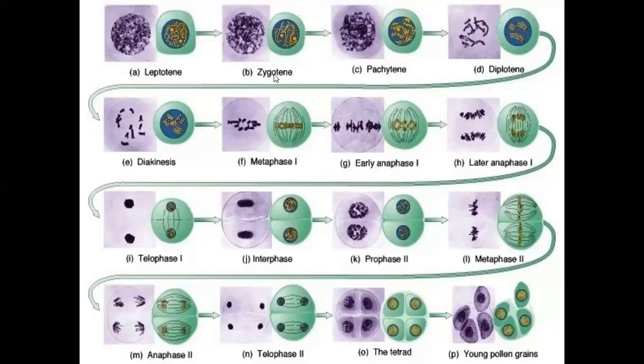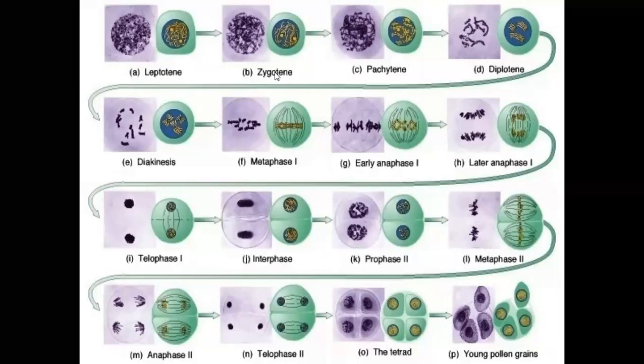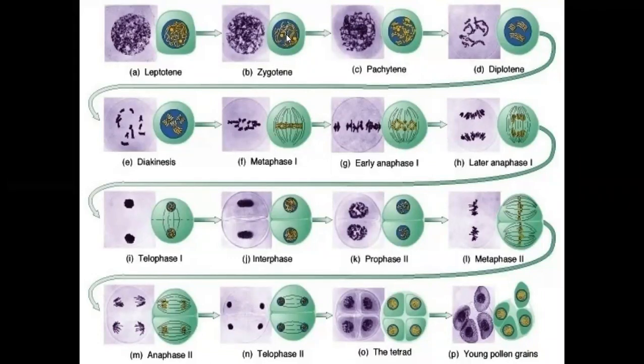In the zygotene subdivision, 2 non-sister chromatids are arranged as a pair-like structure called synapsis.